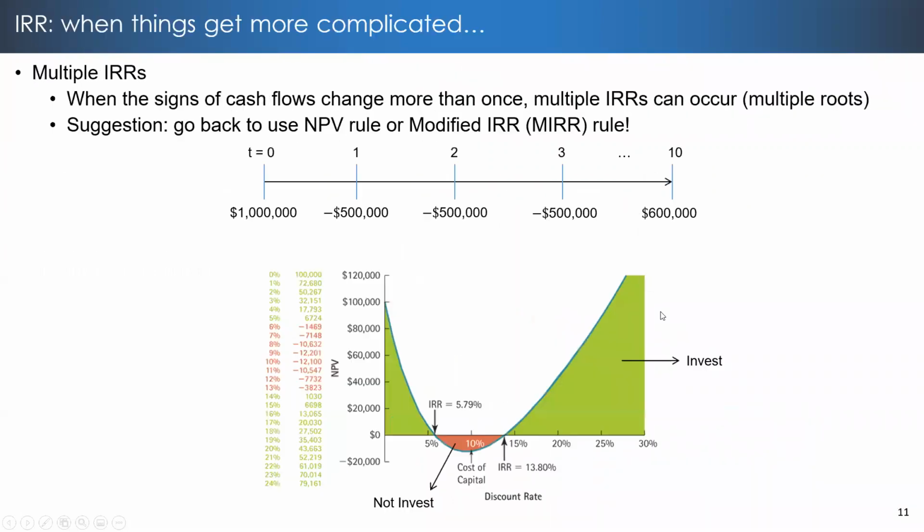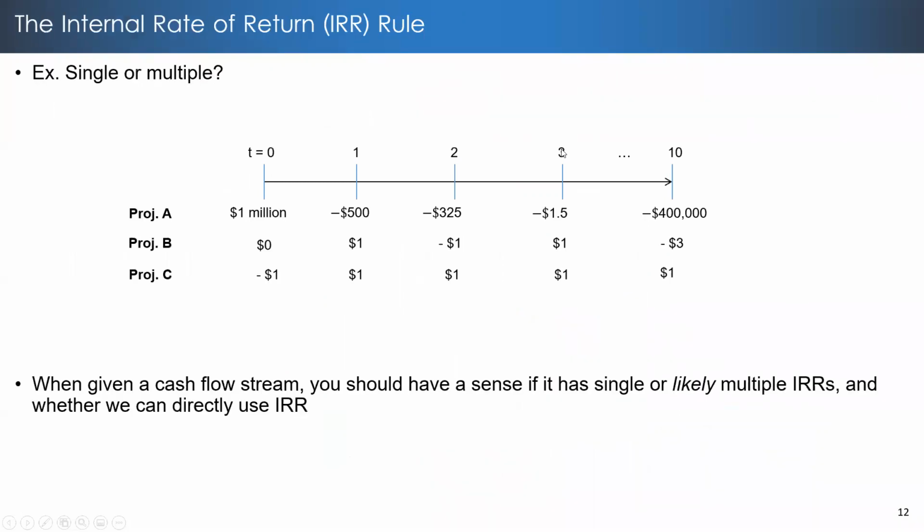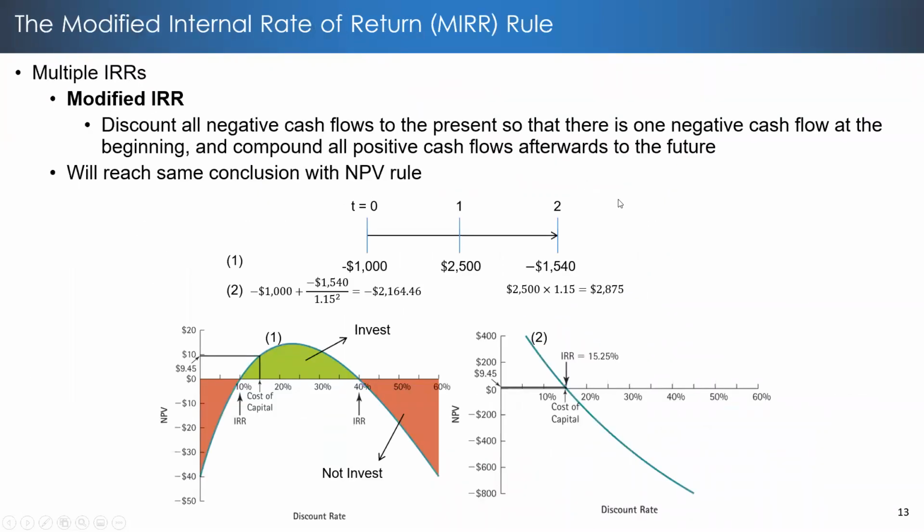And so here, when things get more complicated, IRR sort of loses this benefit. There's something called the modified IRR rule, which you can see in the textbook. Essentially, the modified IRR rule manually converts this difficult cash flow pattern into a simple one, to which we can directly apply the IRR rule.